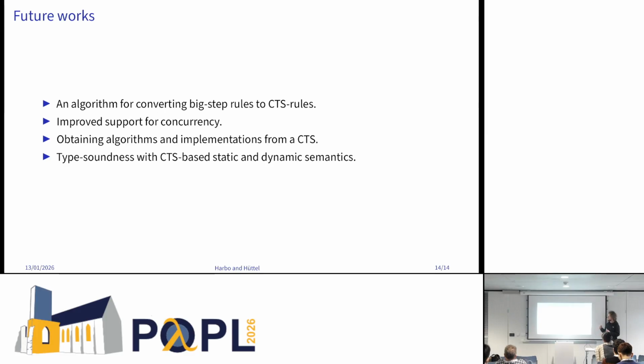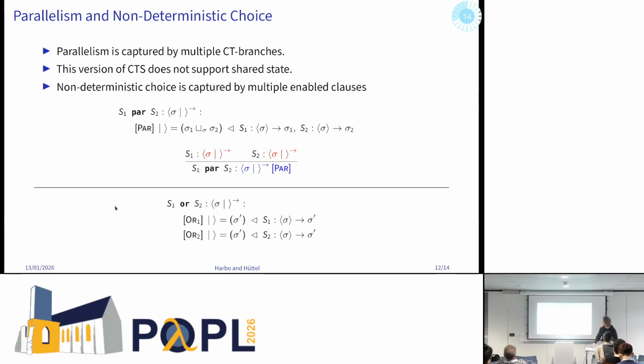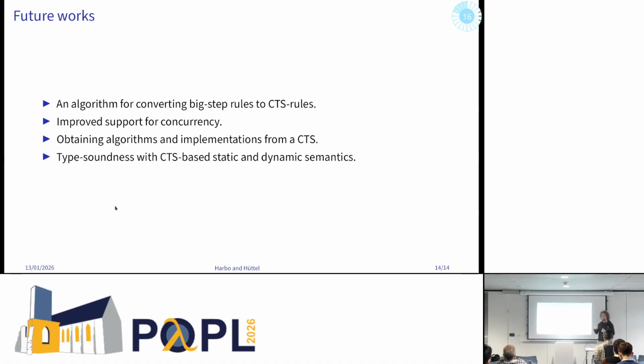And also, we'd like to improve support for concurrency in CTS. I didn't mention it earlier, but CTS is currently restricted in the sense that the branch for S1, seen right over here, cannot actually affect the sigma stored in S2. So in the future, we would like to add some kind of shared state to CTS. Next, we'd also like to be able to obtain algorithms or even implementations from a computation tree semantics, possibly in combination with a concrete program in the semantics described.